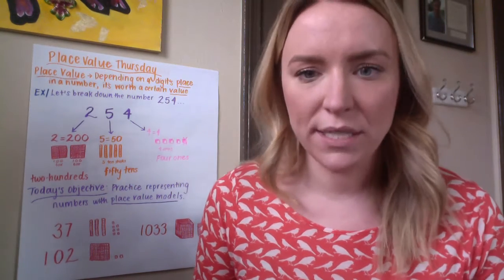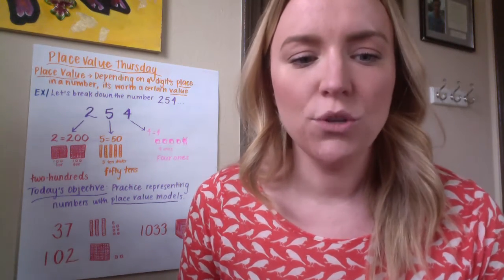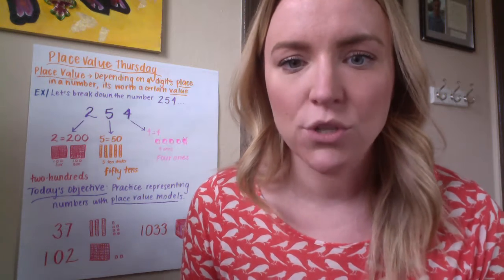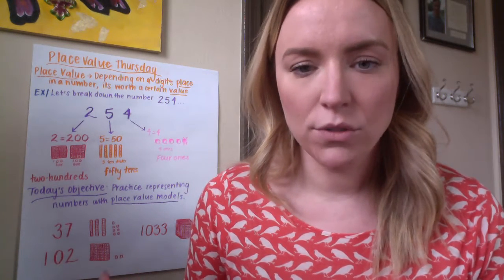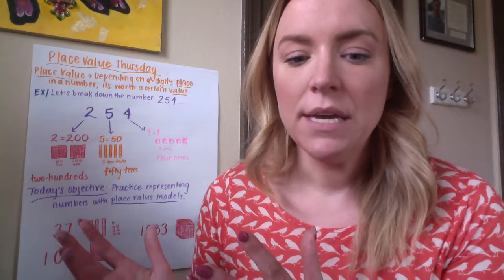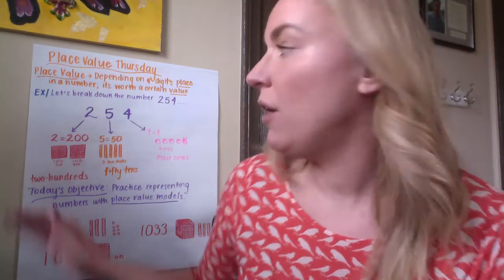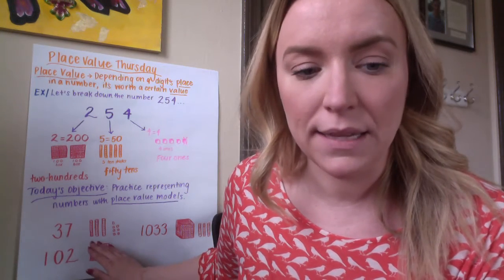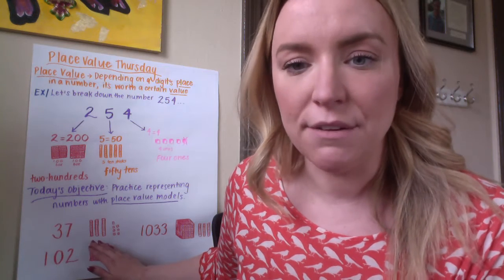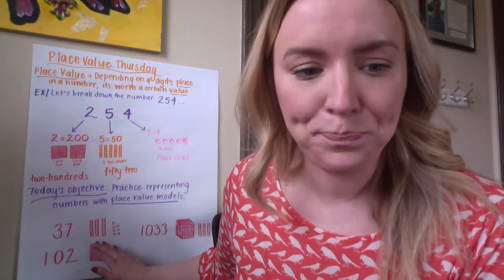So your objective today, guys, is just to practice representing numbers or showing numbers with our place value models. So showing these numbers in a different way than just how they're written here. Actually visualizing them, seeing these numbers in a different form with a model.